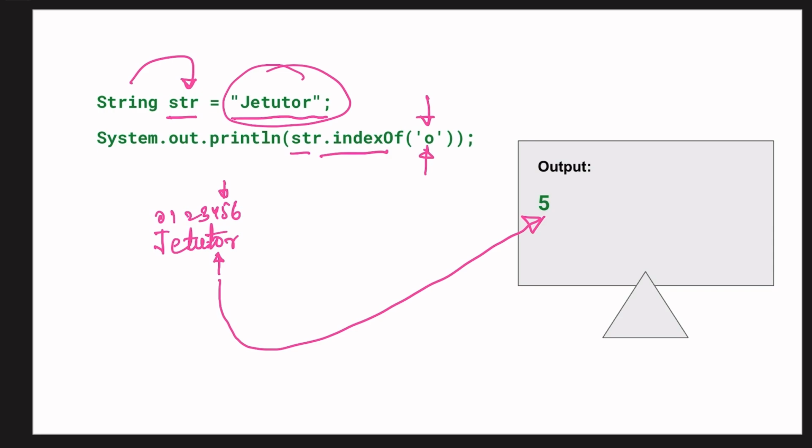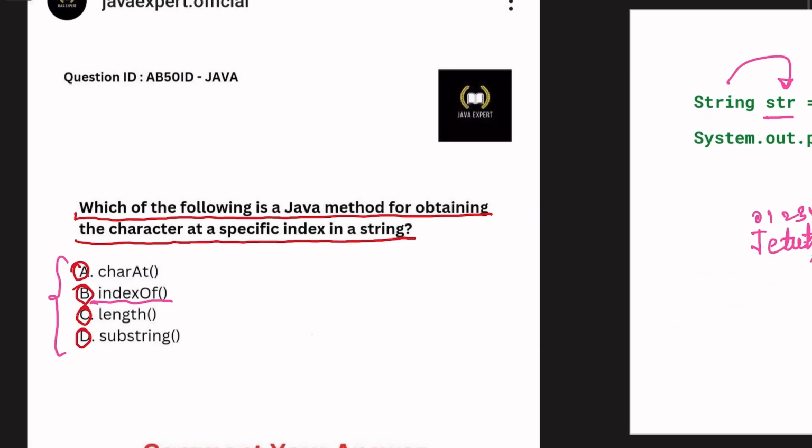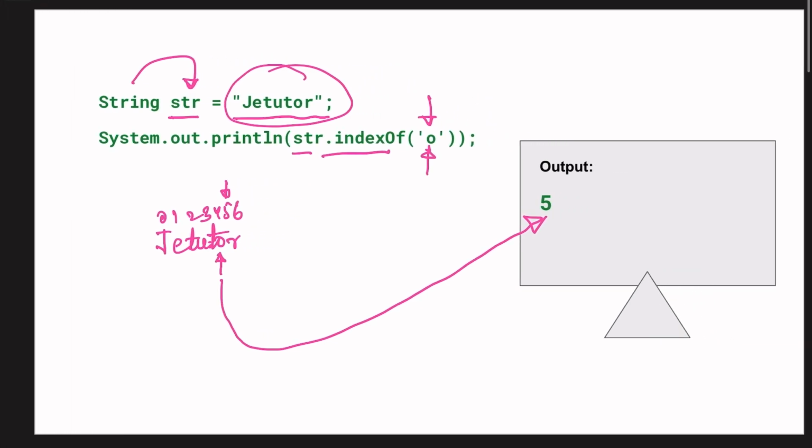So this is the way which we can use to get the index of any character. But in the question, we are looking for a Java method for obtaining the character at a specific index in a string. But here we are not getting the character, we are getting the index.